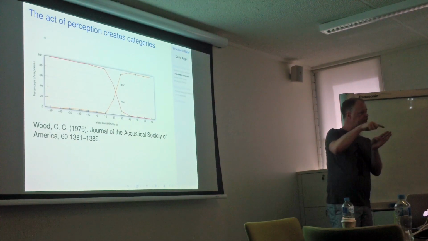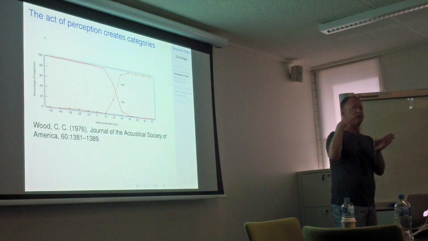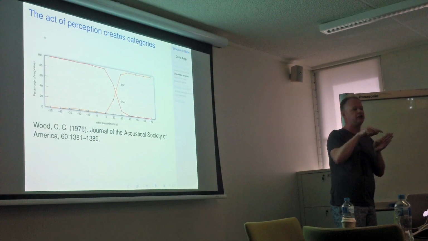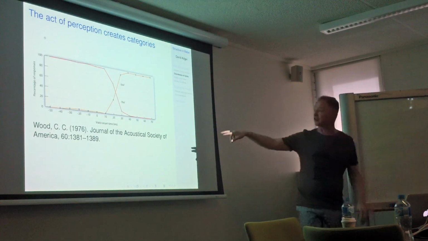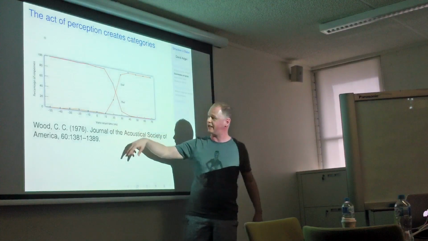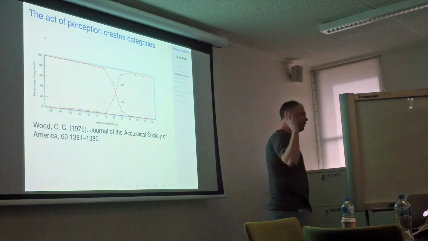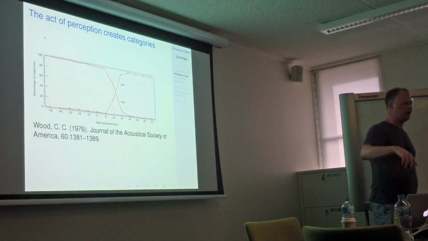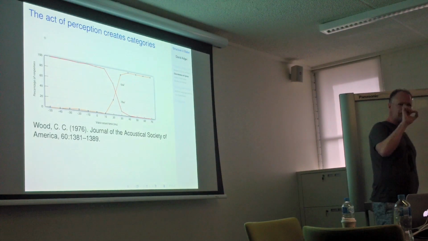That's a continuous increase, right? But at around 40 milliseconds, people perceive a shift from b to p. This graph shows people saying, yeah, that's a b, that's a b, that's a b, oh no, that's a p. And it happens at more or less the same point.